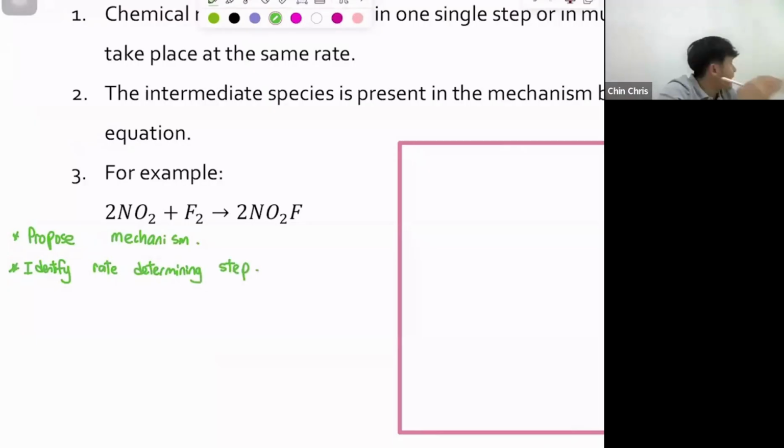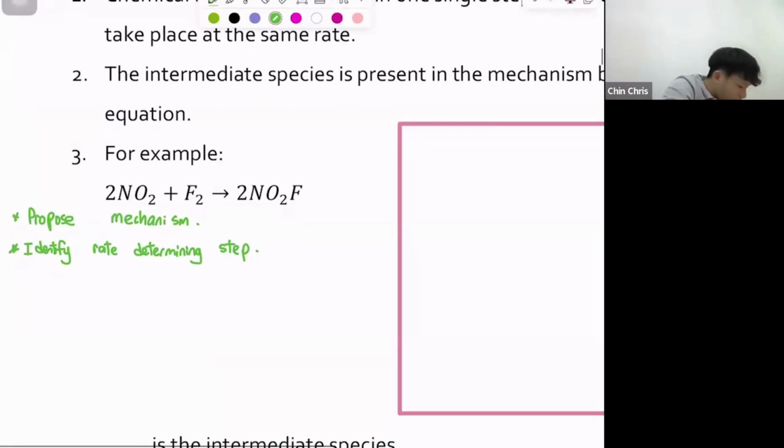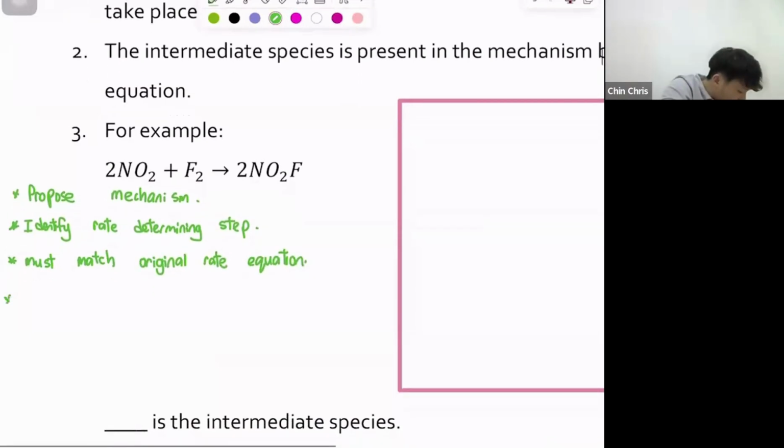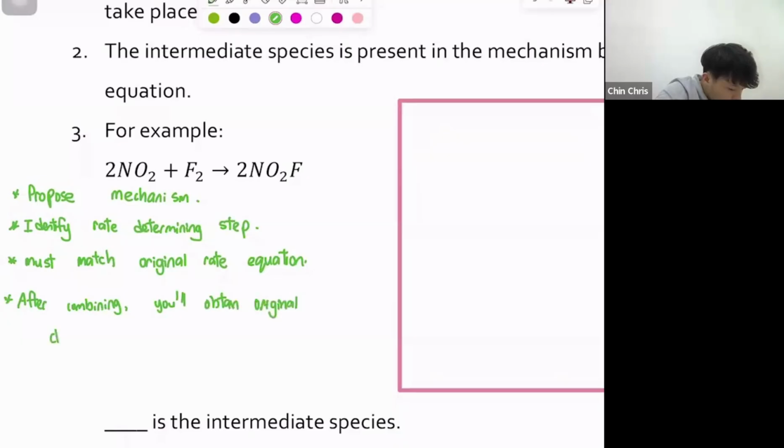So guys, how to check whether your answer is correct or wrong? After combining, first, your answer must match the original rate equation. Later, I'll talk about it. Remember, it must match the original rate equation. After combining your equation, you obtain the original equation.